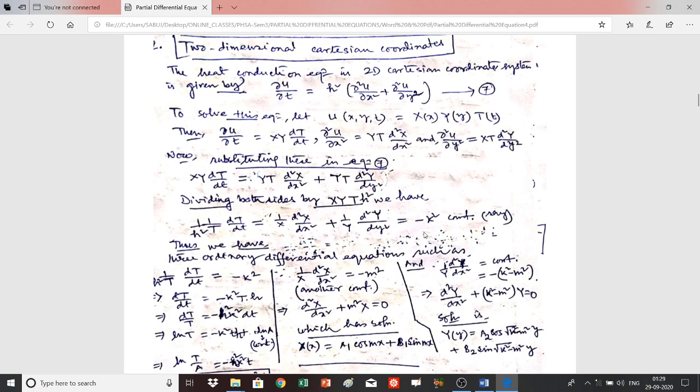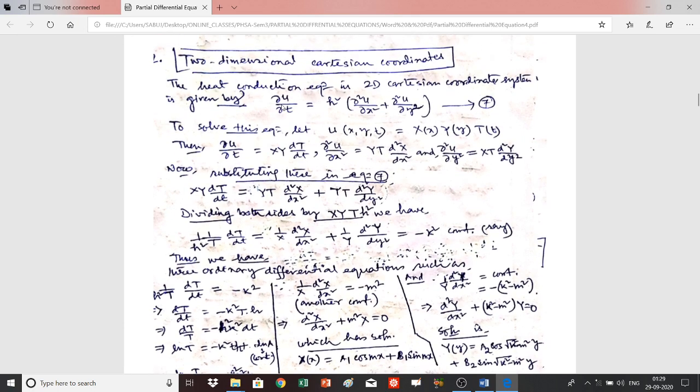So the two-dimensional heat conduction equation can now be separated into three ordinary differential equations, which are given here: 1 by h square 1 by T dT by dt equal to minus k square, and the second one, from this term, 1 by X d2X by dx square is equal to minus m square, another constant.